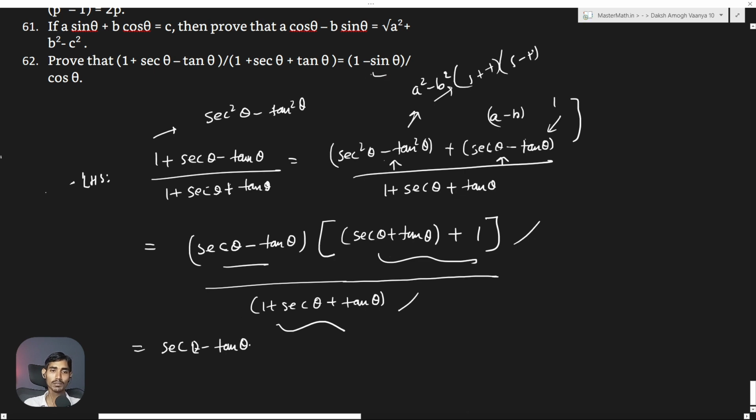And this is what the RHS is. Just divide the RHS. 1 by cos is secant, sine by cos is tan. Easy. First two steps were not that obvious, but rest should be okay.